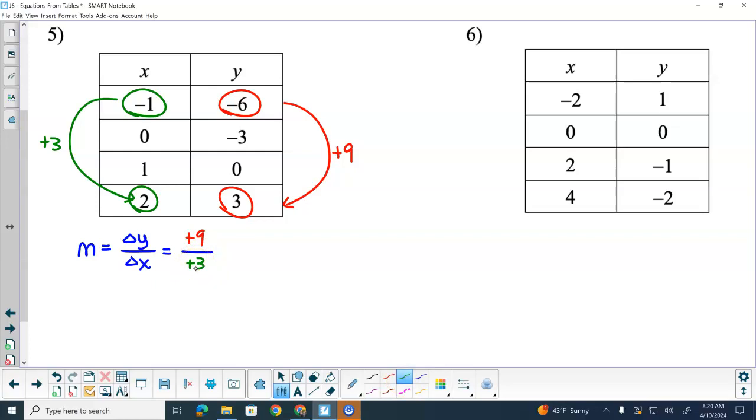Stephanie, what do I like instead of 9 over 3? What is 9 divided by 3? Just 3, right? So we could call this just +3.